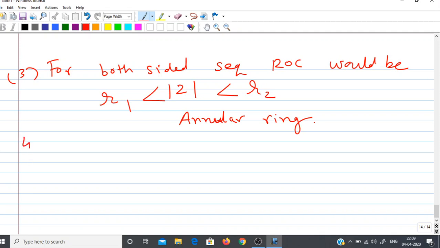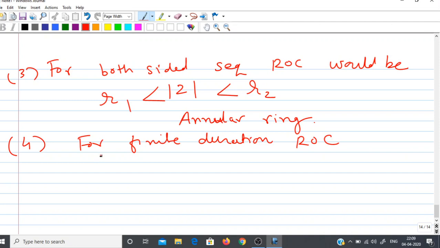And number 4, for a finite duration sequence, not an infinite duration sequence. We have already seen this fact for finite duration sequences. What would be the ROC? Just remember my very first lecture on the Z transform. What was the conclusion?